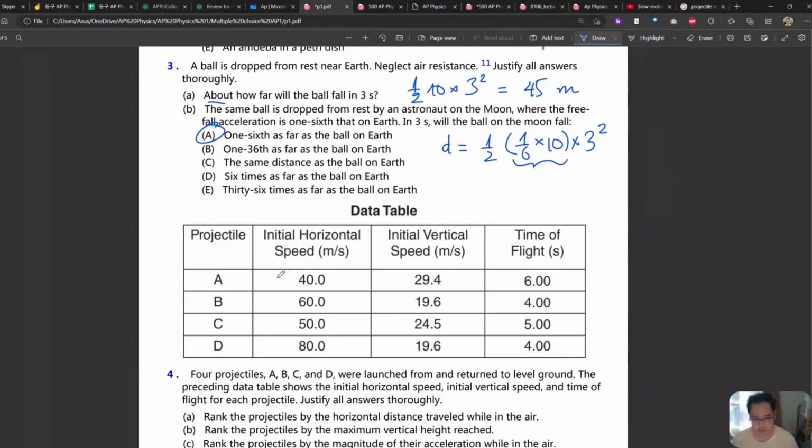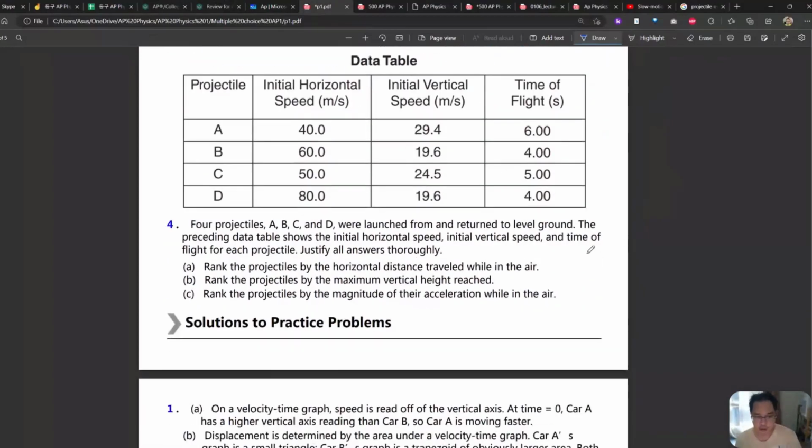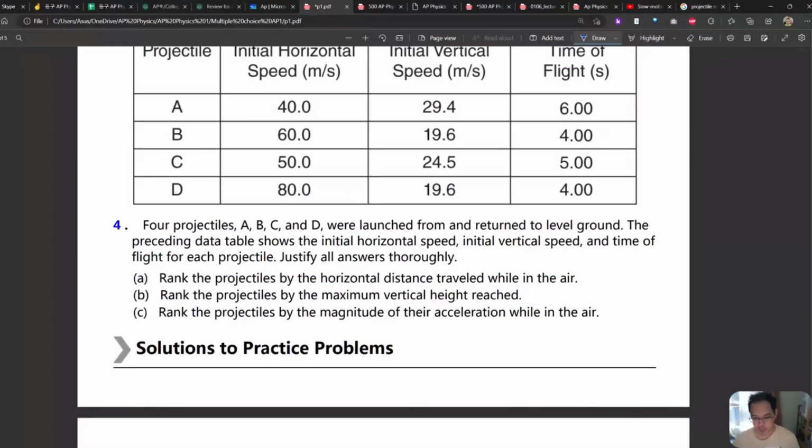Initial horizontal speed, initial vertical speed, the time of flight. For projectile launches, the preceding data table shows the initial horizontal speed, initial vertical speed, and time in flight for the projectiles, and asks to rank them by the horizontal distance traveled while in the air. How do we calculate horizontal distance?